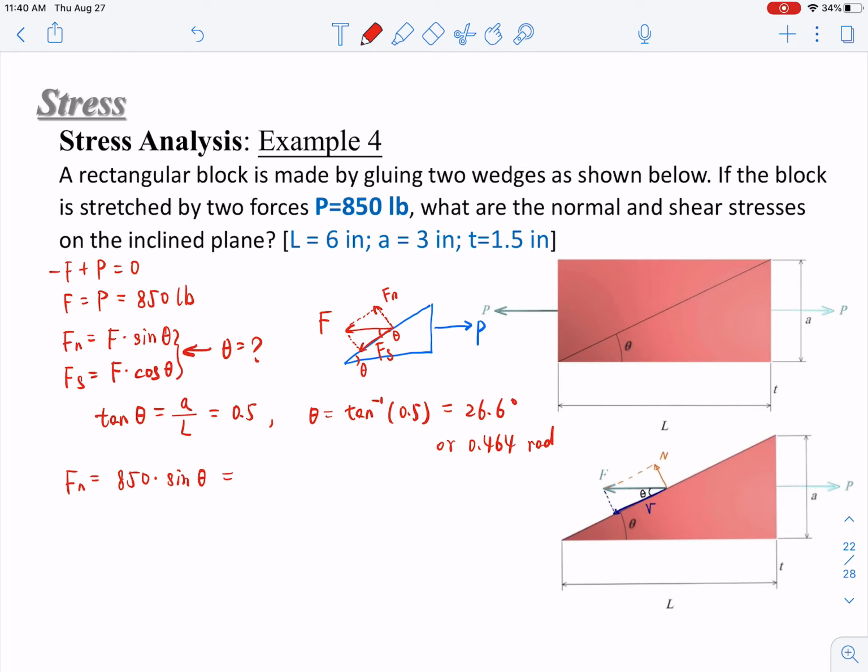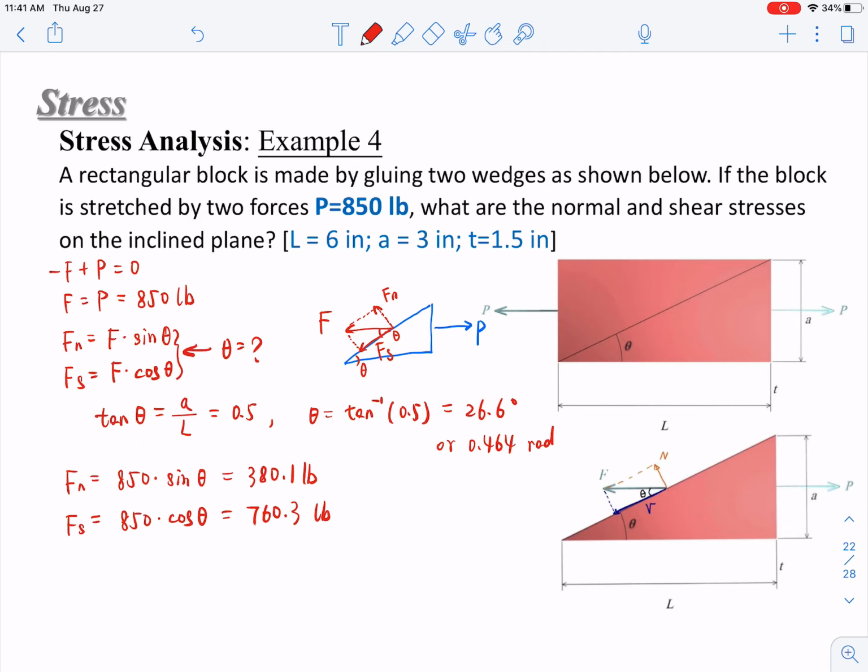That would be 380.1 pounds. And Fs, the shear force, will be 850 times cosine theta. That would be 760.3 pounds.